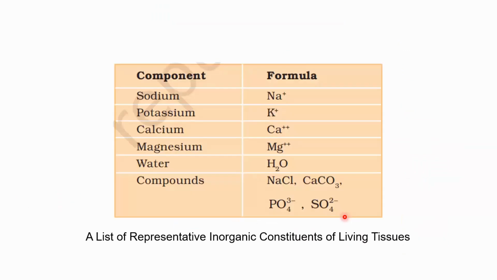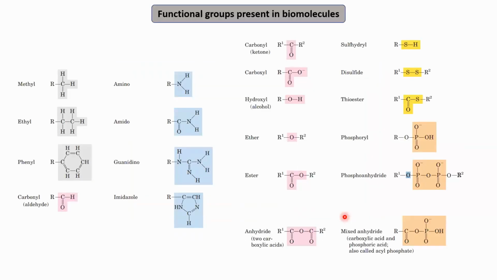There are various functional groups present in biomolecules. We know that biomolecules are mainly made up of carbon, hydrogen, and oxygen, and these atoms are arranged in different functional groups. For example, methyl, ethyl, phenyl, and carbonyl, which is an aldehyde.